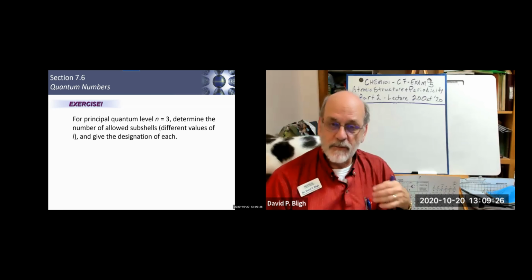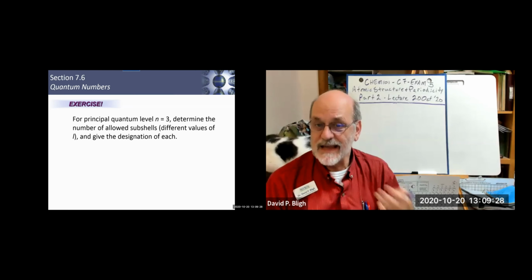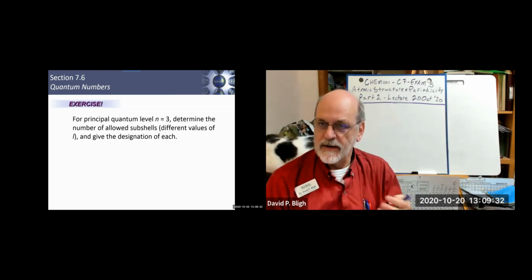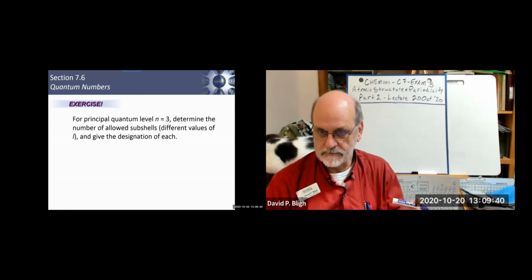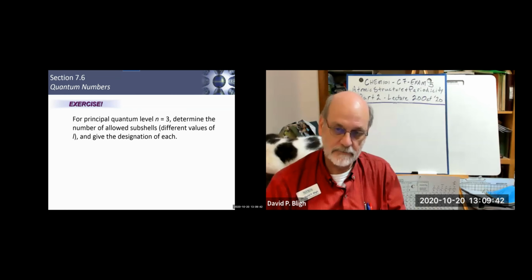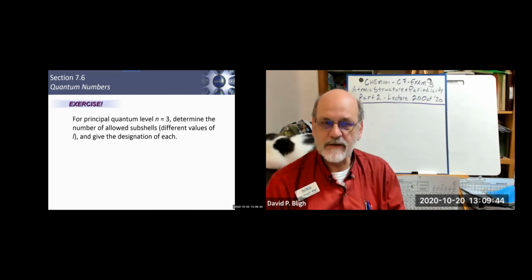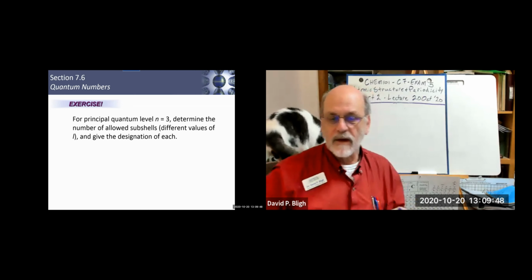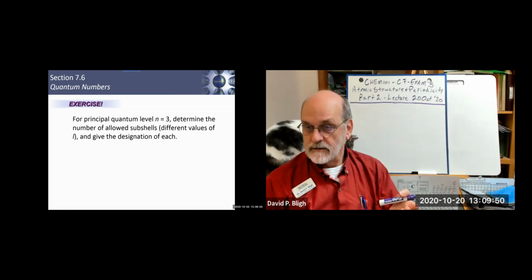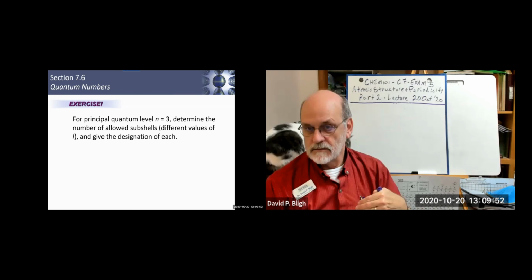For this example, the principal quantum number, say, is n equals 3. So how many subshells? A subshell is a term that's used for the L value, the angular momentum quantum number. So how many different values of L can we have? Well, you take the n and you start from 0.